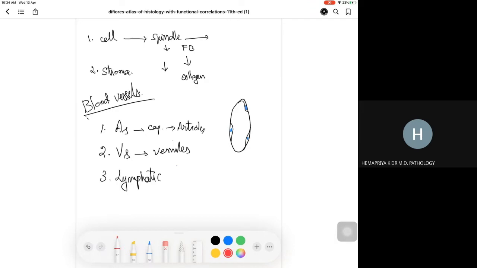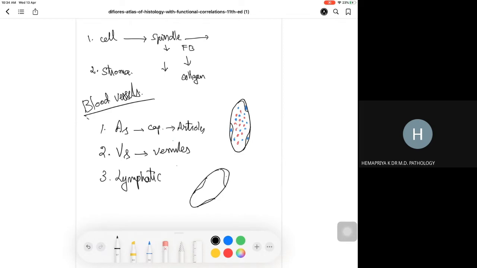In the case of arteries and veins, they will have a lot of RBCs, and they will have some WBCs also. Whereas when you compare to the lymphatics, again I will draw a lymphatic. You have to remember these are fenestrated cells.